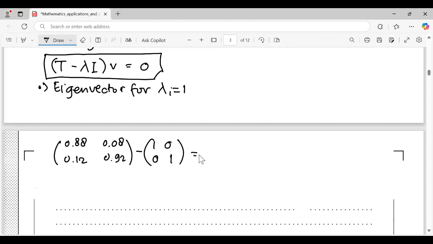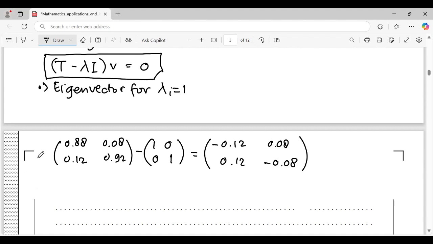So it becomes 0.88 minus 1 is minus 0.12. 0.12 minus 0 is 0.12. 0.08 minus 0 is 0.08. 0.92 minus 1 is minus 0.08.